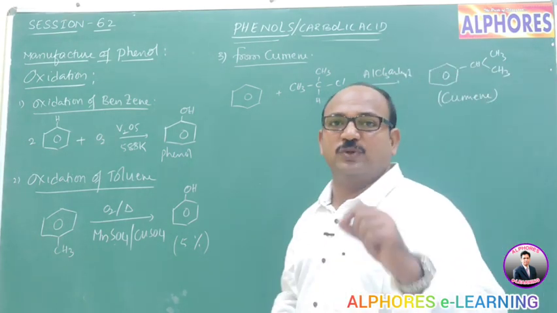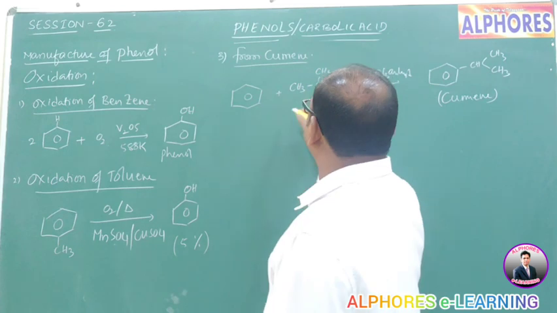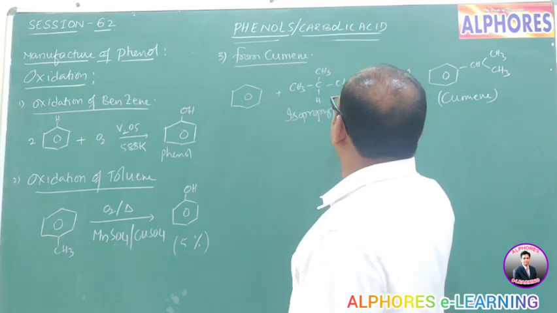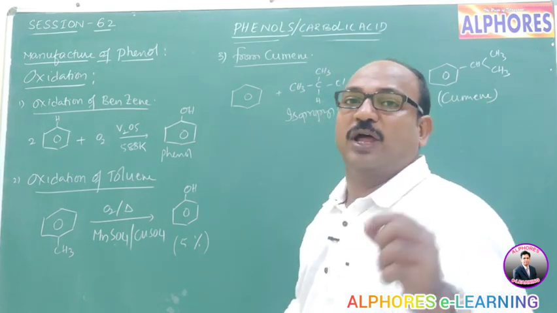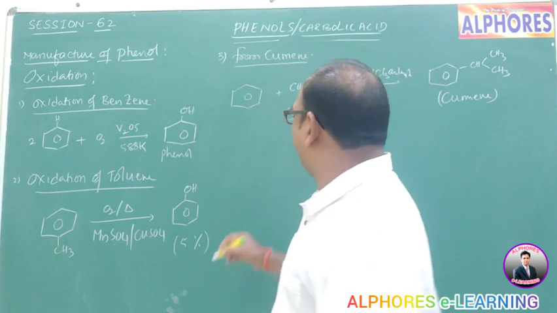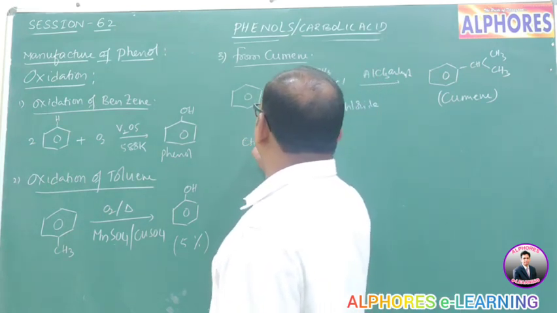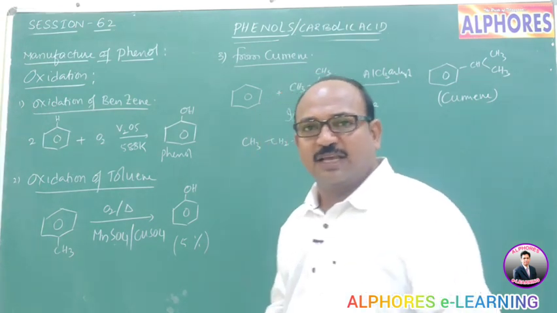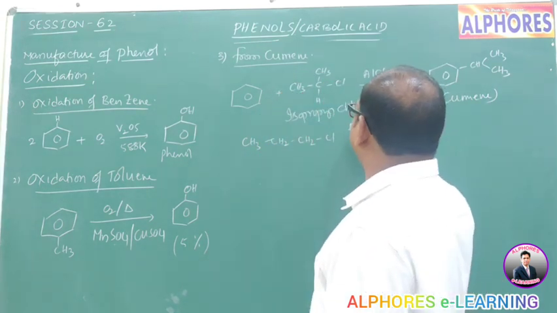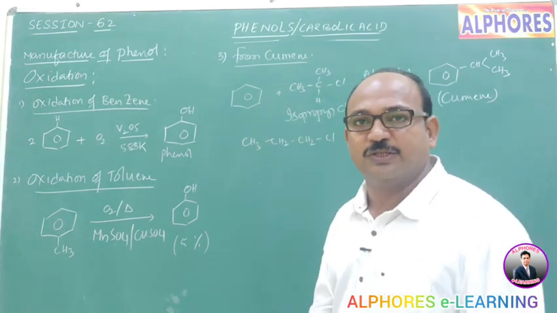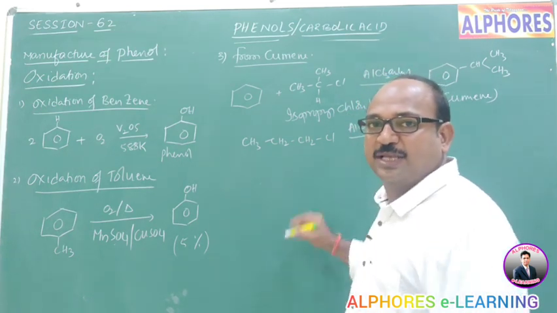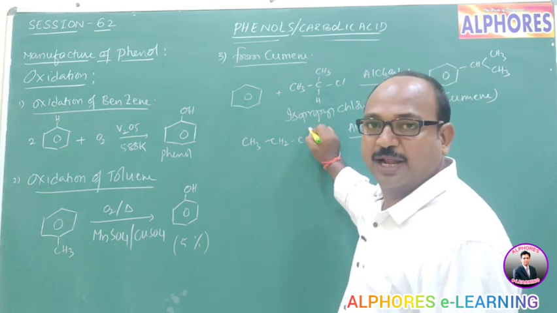Now, instead of using isopropyl chloride, also called 2-chloropropane, what happens if we use 1-chloropropane, meaning n-propyl chloride? Here also, Cl is taken by AlCl3 and converts into AlCl4 minus, giving a carbocation.